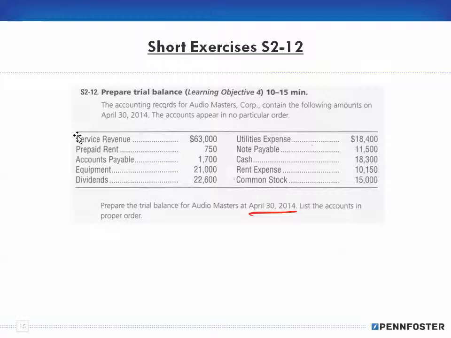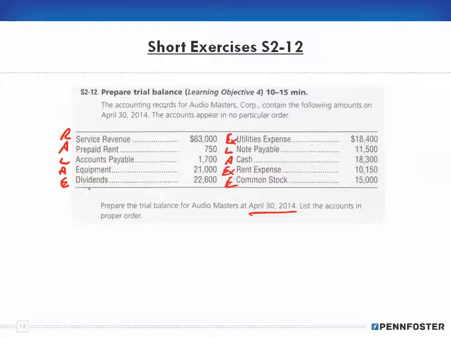Now from the data here, here are the accounts with the balances, and they're not in any particular order. What you need to obviously start out with is the asset accounts. So maybe it's better to say, this is a revenue account, prepaid rent is an asset, accounts payable is a liability, equipment is an asset, dividends is an equity, utility expense is an expense, notes payable is a liability, cash is an asset, rent expense is an expense, and common stock is an equity account.